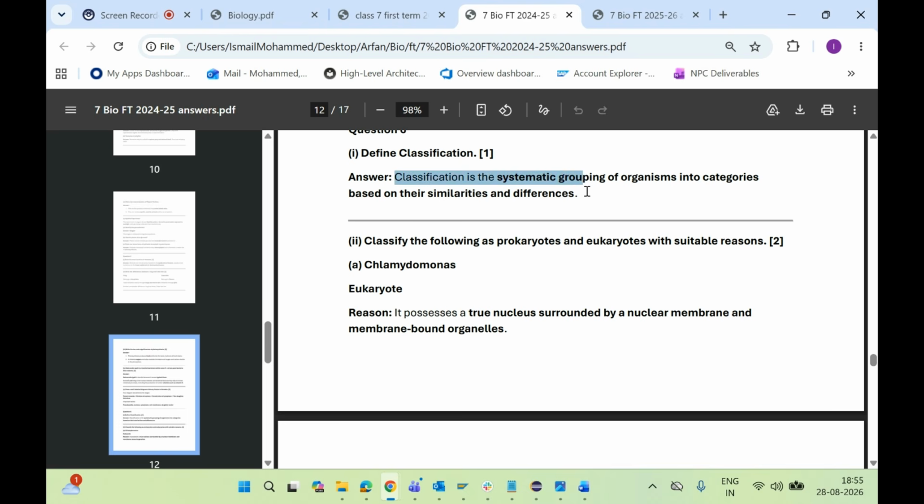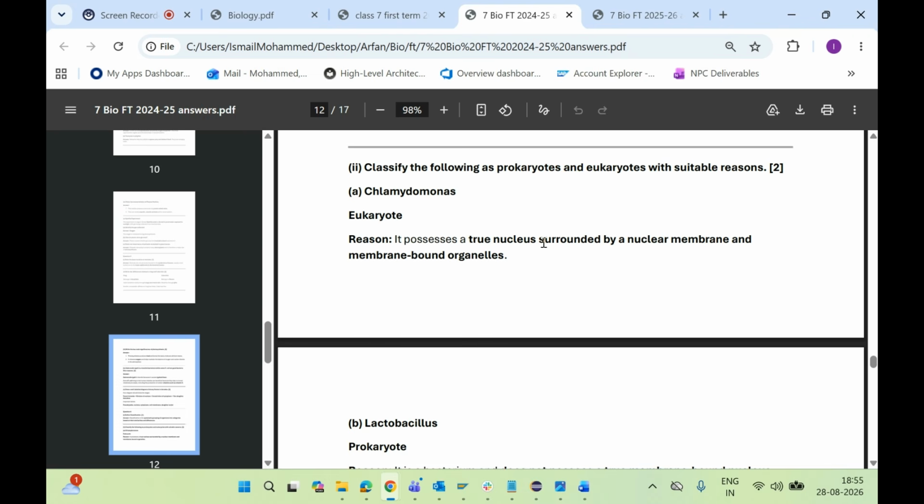It's a systematic grouping of organisms into categories based on similarities and differences. Classify the following as prokaryotes and eukaryotes with suitable reasons. So Chlamydomonas is a eukaryote because basically it possesses a true nucleus surrounded by a nuclear membrane and membrane-bound organelles.